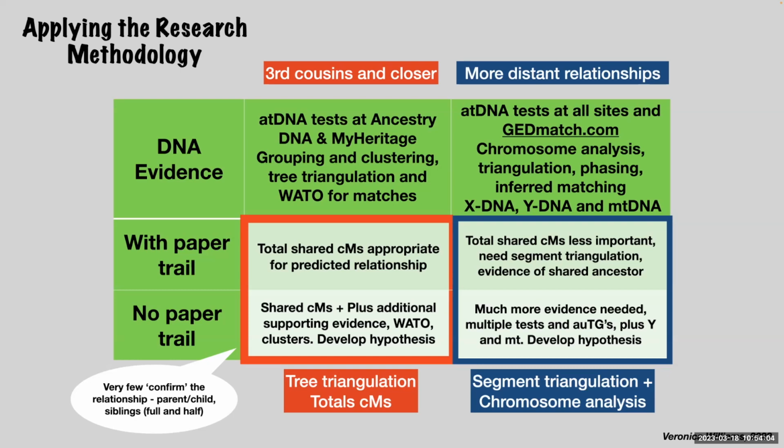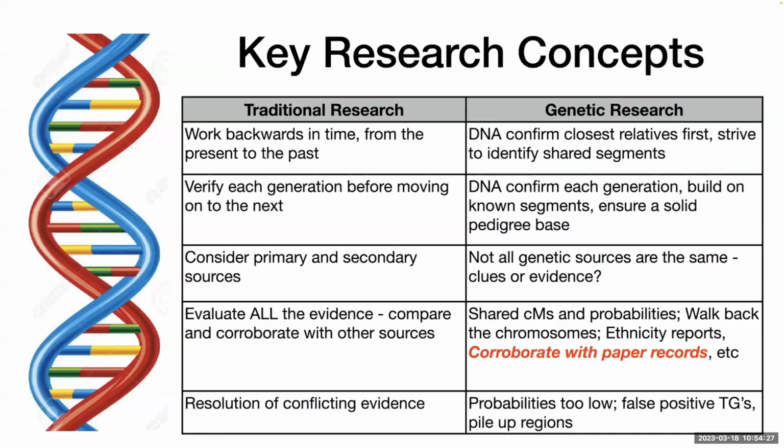But even with those relationships, even though they say 100%, you've still got to consider the issue of identical twins and that sort of thing. So nothing is certain. And that's why you need to be continually gathering additional evidence to prove your hypothesis, particularly with those cases where there's no paper trail or gaps in the paper trail.